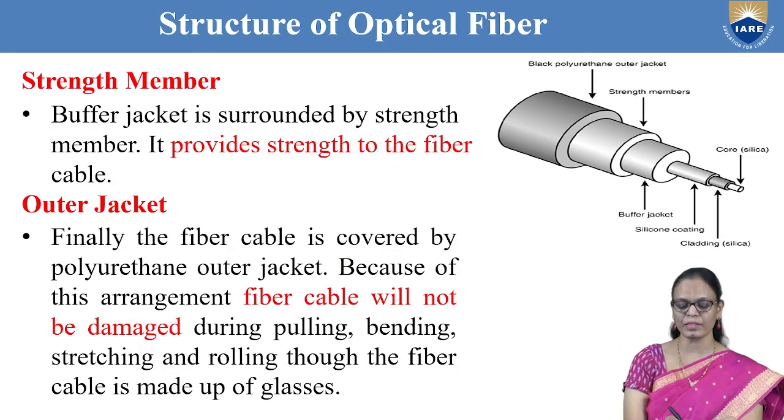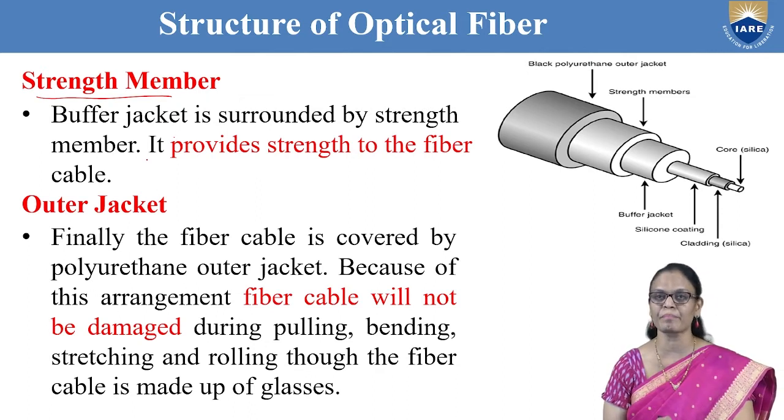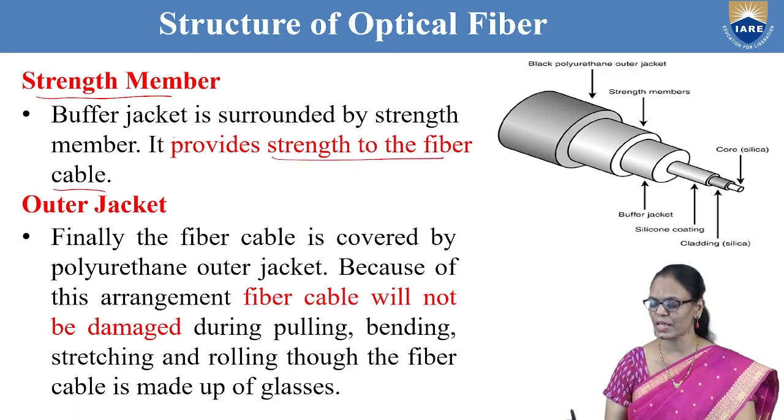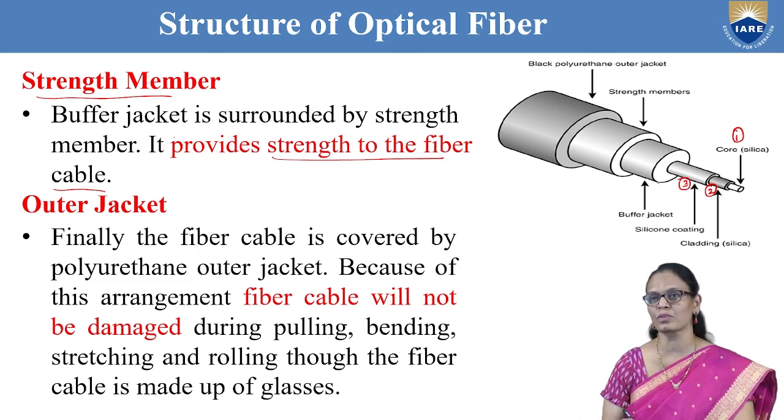Next comes the strength member. The buffer jacket is surrounded by a strength member and as the name suggests, it provides strength to the fiber cable. So if you see here, the first part we had is the core. Then after the core, we have the cladding. And the third one is the silicon coating.